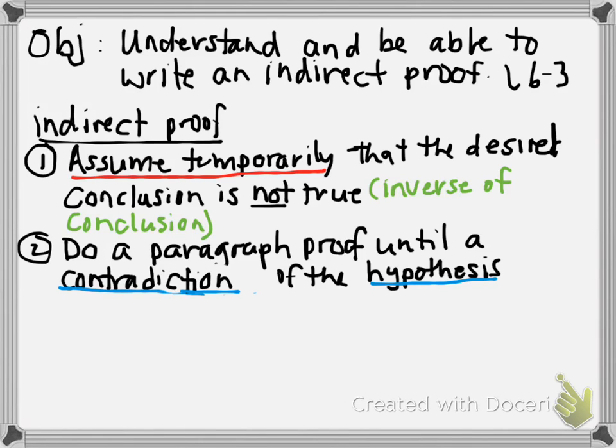Until a contradiction of the hypothesis or other fact is reached. And you will literally, in the end of that paragraph, say this contradicts the given or this contradicts this fact.